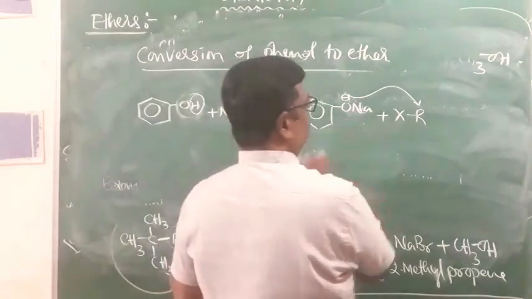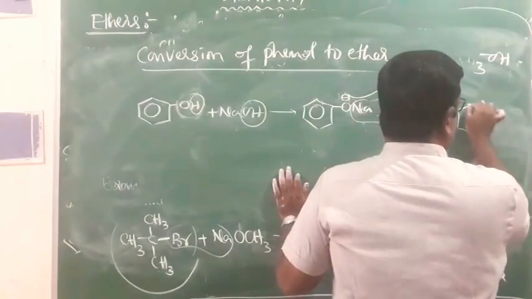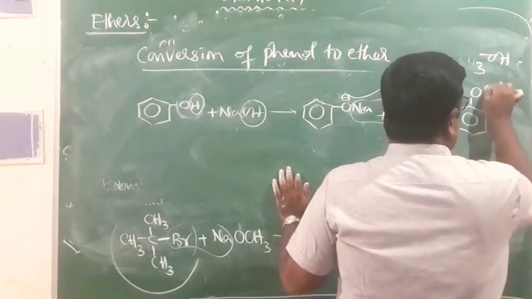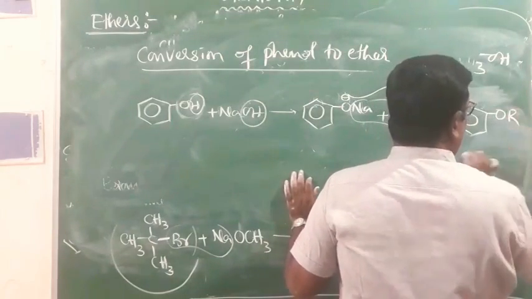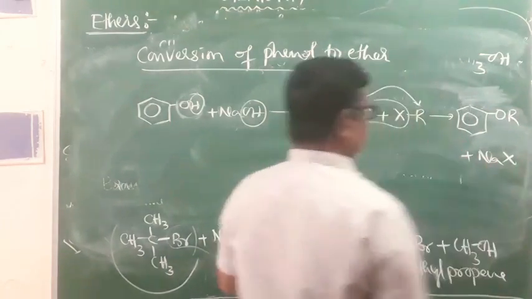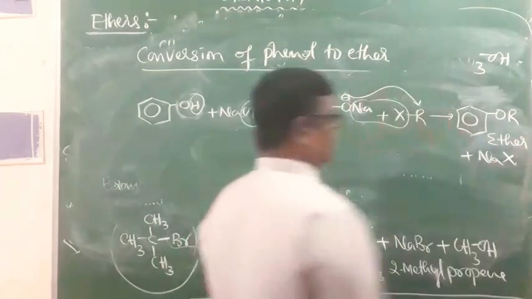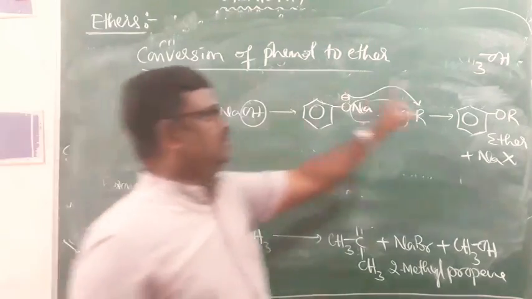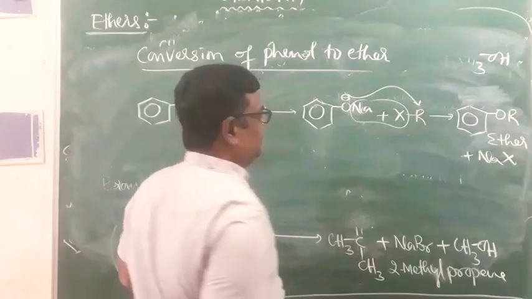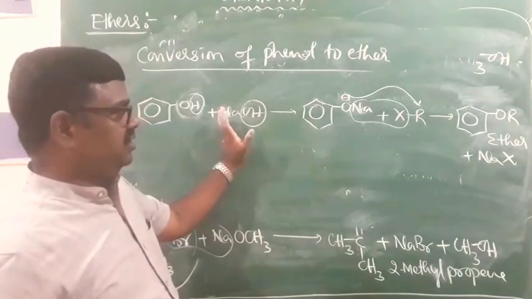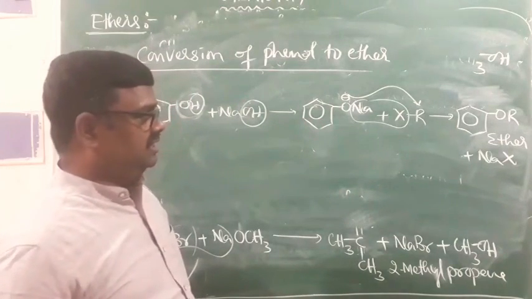Okay, now this is Williamson's ether synthesis. NaX is going out, and you are going to get alkoxybenzene, OR plus NaX. You are going to get ether there, alkoxybenzene, aromatic ether, that is conversion of phenol to ether. Phenol has to be converted to sodium phenoxide by using sodium hydroxide, and then it is converted to ether.